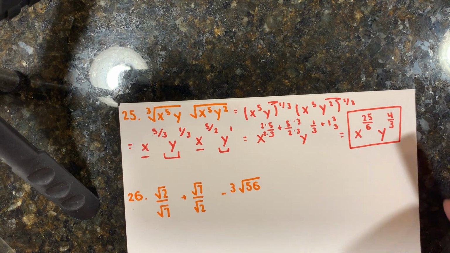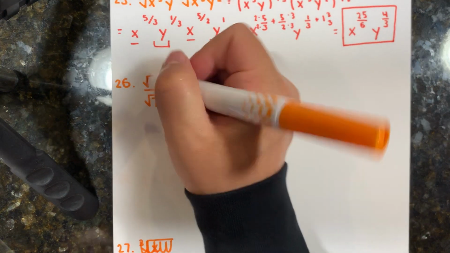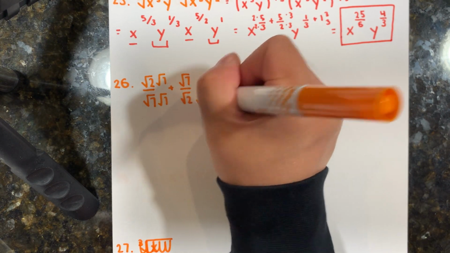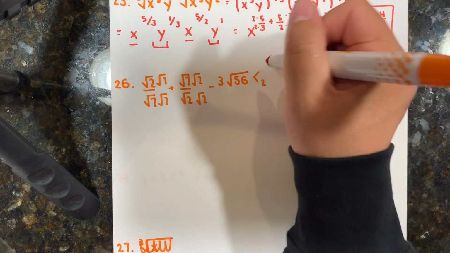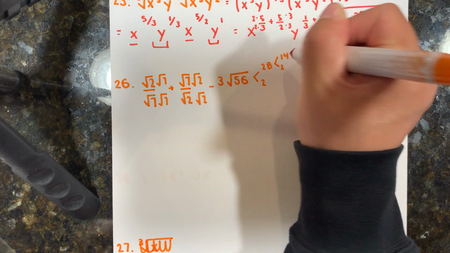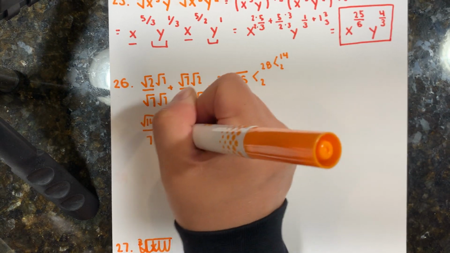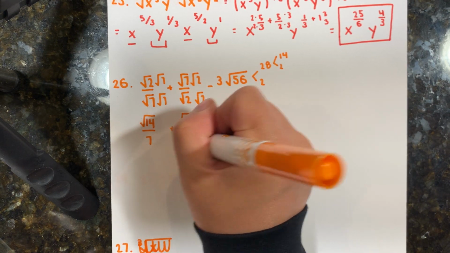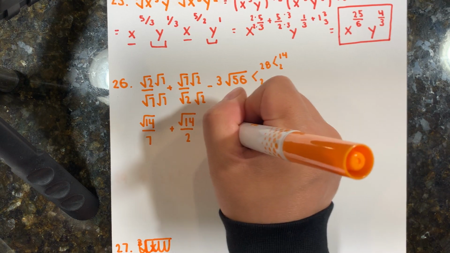Now looking at number 26, to get rid of the square root in the denominator, I'm going to multiply top and bottom by that square root. And simplify the square root, so that would be 2, and then 28, and then 2 and 14. So this would be the square root of 14 over 7 plus the square root of 14 over 2 minus 6 square root of 14 over 1.